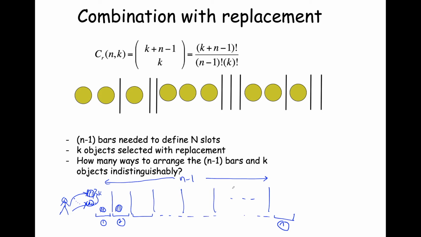And you're going to do so with replacement, because when you throw the first ball, let's say it lands in the bin 2, that's the first ball. When you throw the second ball, you still have all of those n many alternatives to choose from. And so what can happen then is that you can have more than one ball associated with each one of these bins or slots or positions representing one of these n many choices.